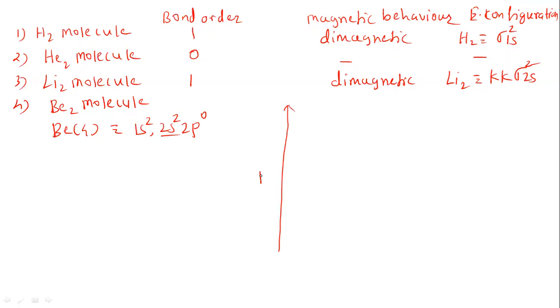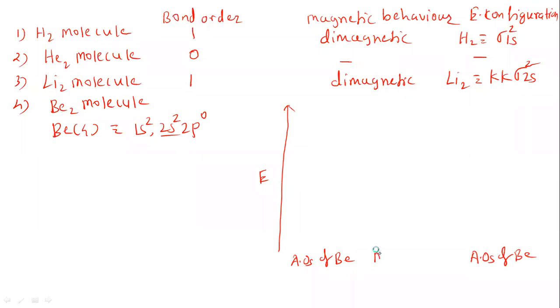The atomic orbitals and molecular orbitals are arranged according to increasing energy level. Here on the left side, the atomic orbitals of the beryllium atom. On the right side, the atomic orbitals of the beryllium atom.